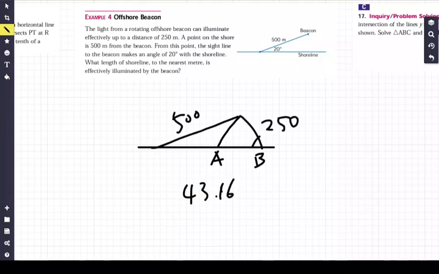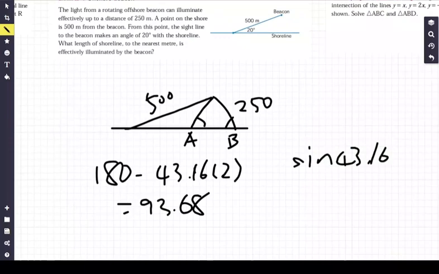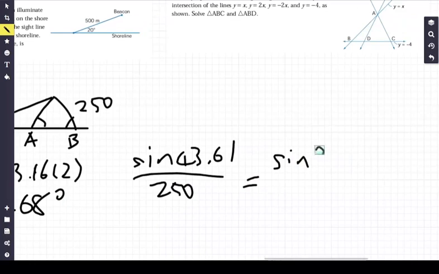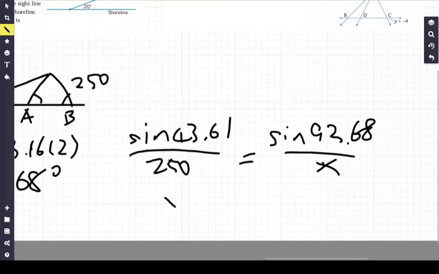Now we're going to use the same strategy. 180 minus 43.16 minus 43.16 gives 93.62. Let's use the sine law again. x is going to be sine of 92.68 degrees multiplied by 250, divided by sine of 43.61 degrees. Finally, it's going to give us 362.